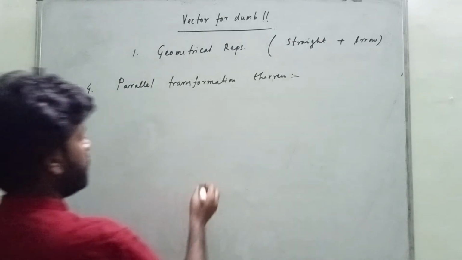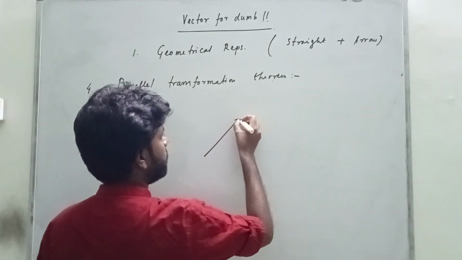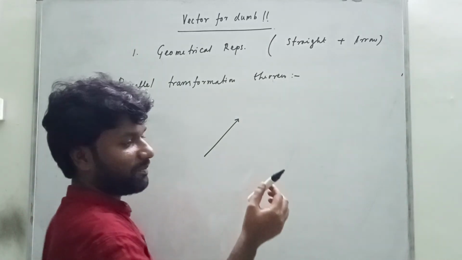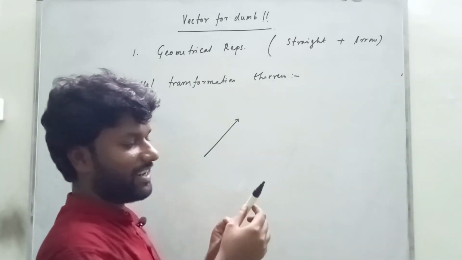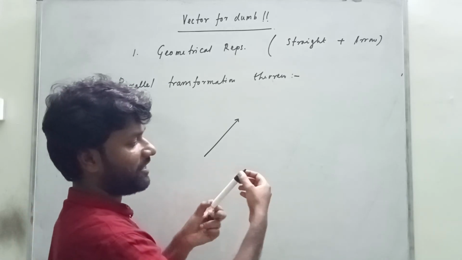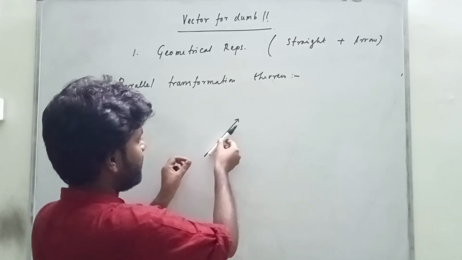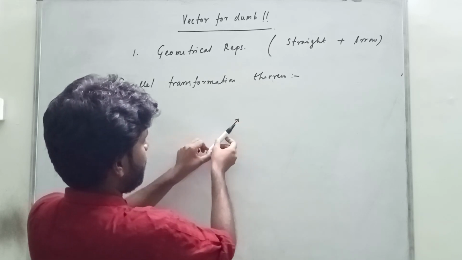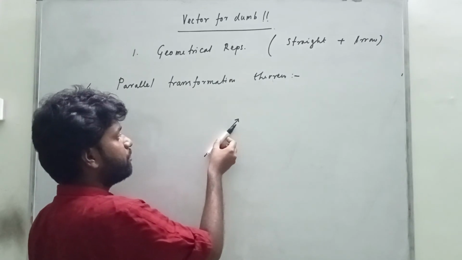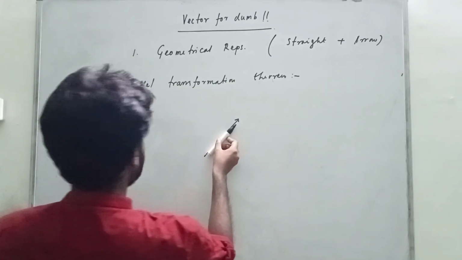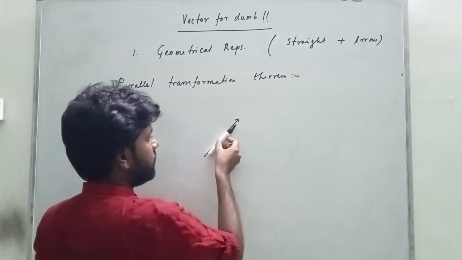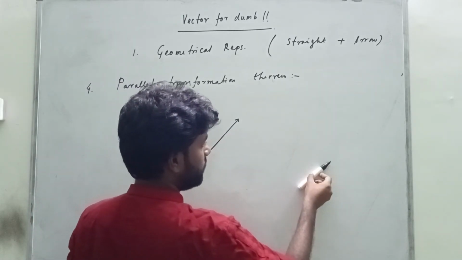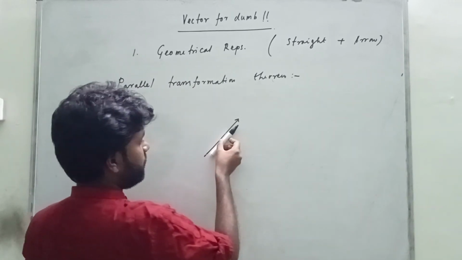That means if I draw a vector here, just for an example, take my marker pen as a vector, right? The open cap here is the direction, and the length of my marker pen is here. So if I shift my marker pen on the board from here to here, just parallelly shift.